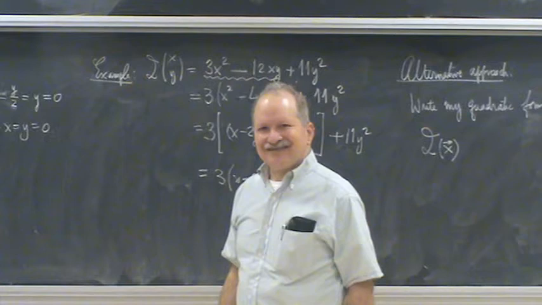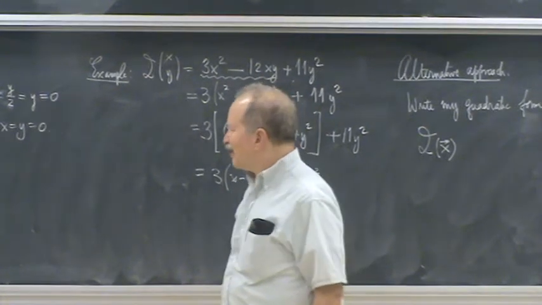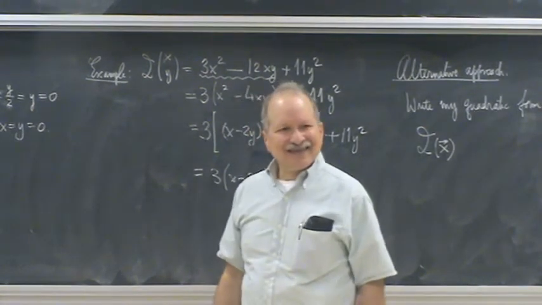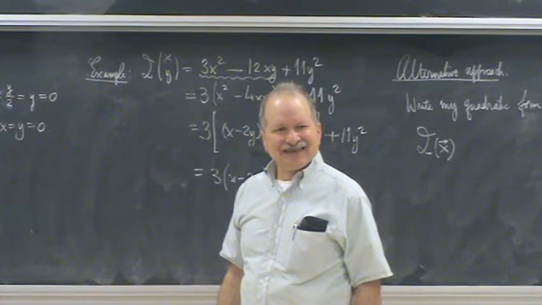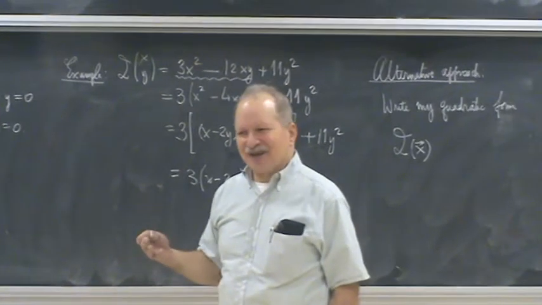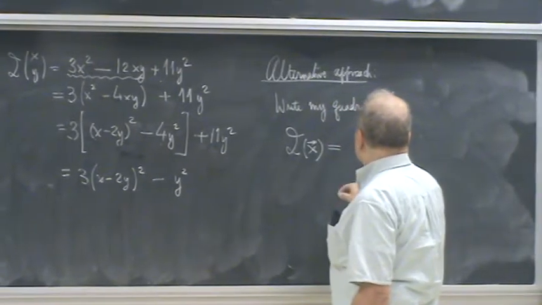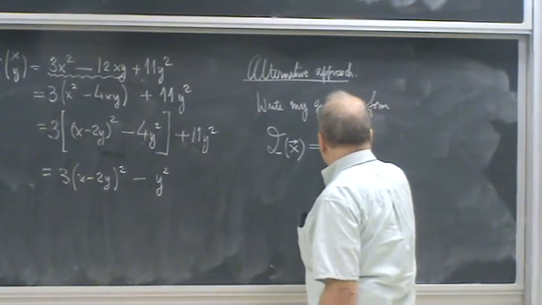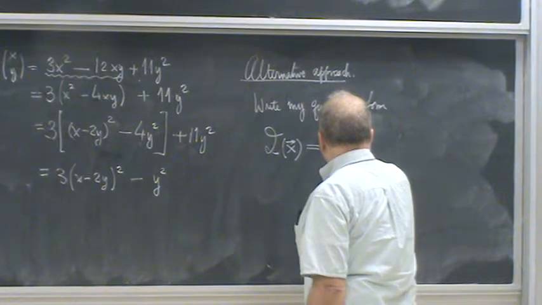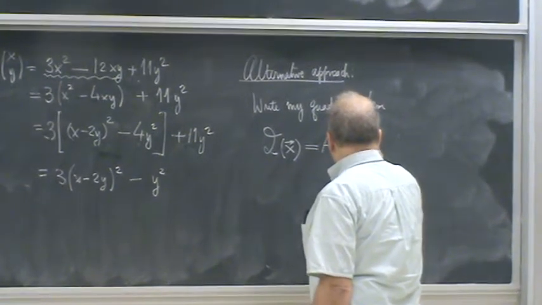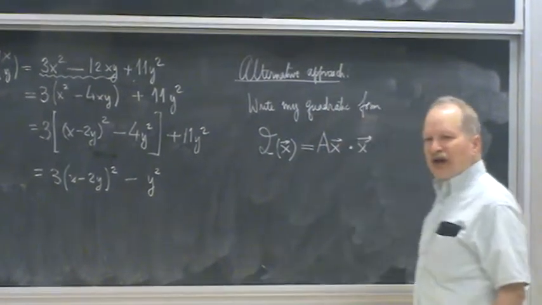You have to substitute, and it has to be linear. So I want to put a matrix A multiplied by x, and then to make it quadratic, I'm going to dot the whole thing with x.